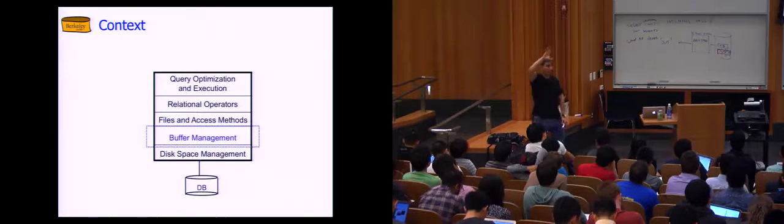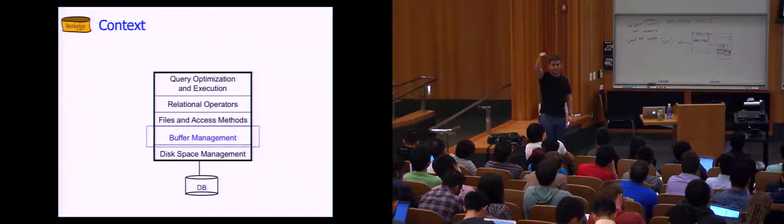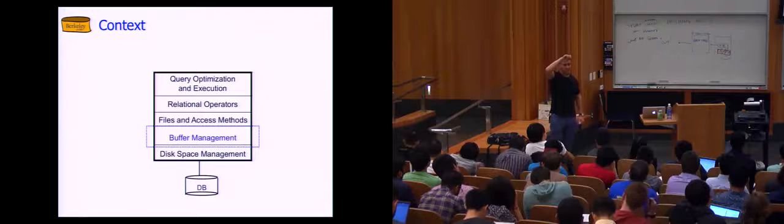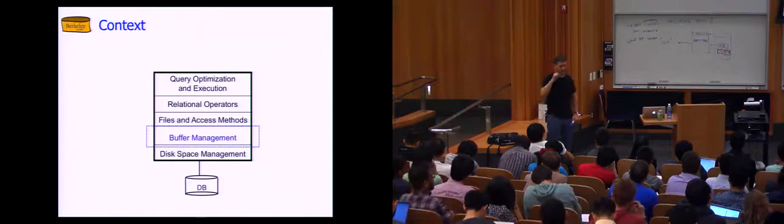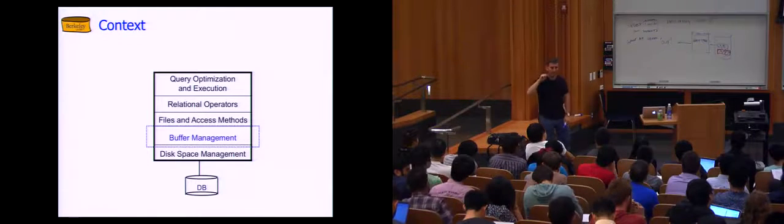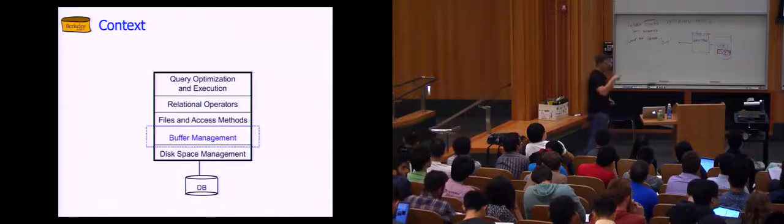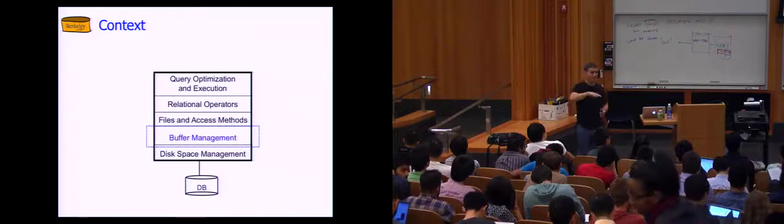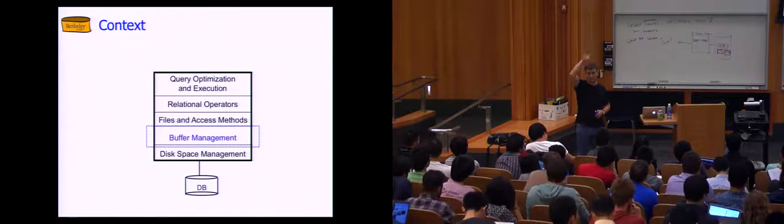The query operators are going to talk about things like next, which is just going to scan over a file. And they're going to talk about things like fetch me this record ID, page ID, slot ID. Those are both things that, in theory, go directly down to the disk-based management system. But we're going to want to do some caching and prefetching into RAM so that those things go faster, right?